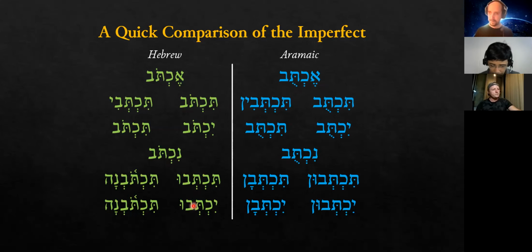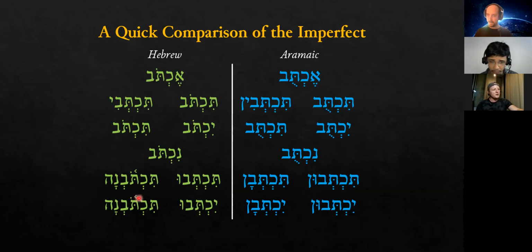In the 2MP and the 3MP in Hebrew, many times we have a nun ending on there. So instead of tichtavu, we have tichtavun. And instead of yichtavu, we have yichtavun. These are the exact forms in Aramaic, nothing to startle us.